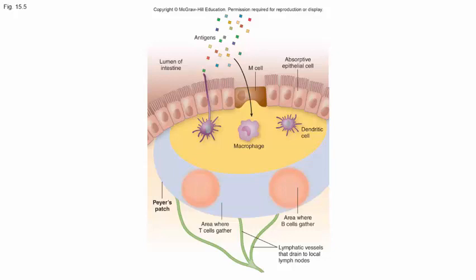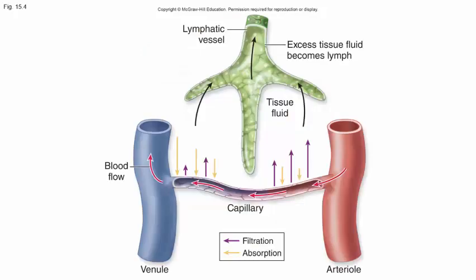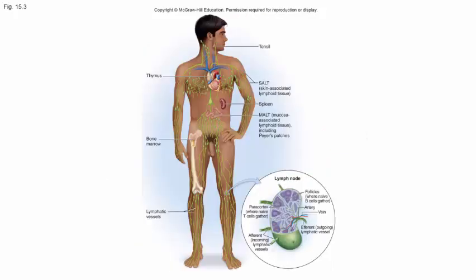Now, that's really interesting. And we have these primary lymphoid organs, too. Go back here. You have the bone marrow and the thymus. Keep in mind, bone marrow is where the B cells mature. Thymus is where the T cells mature.